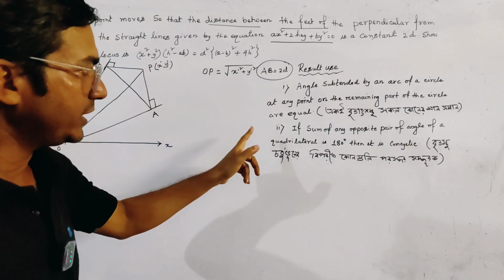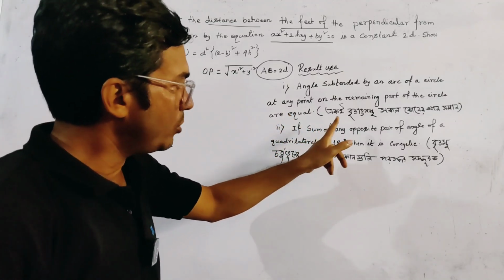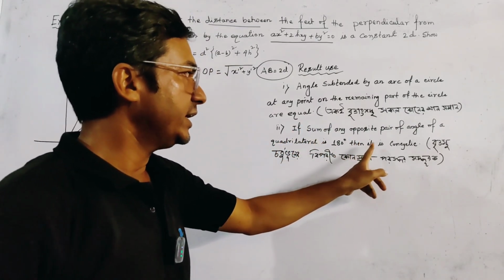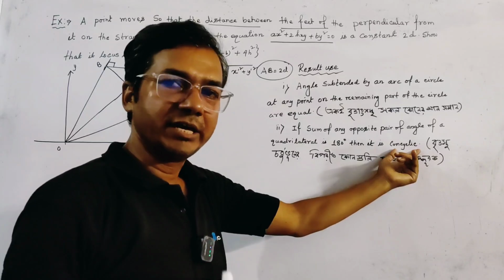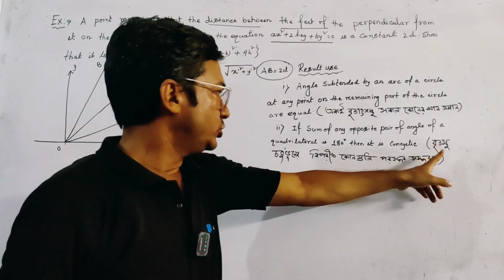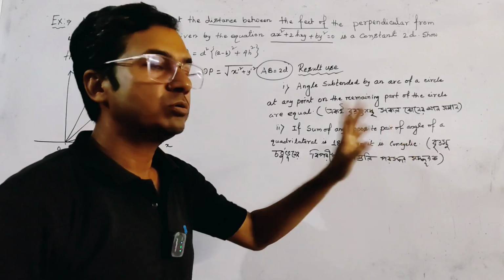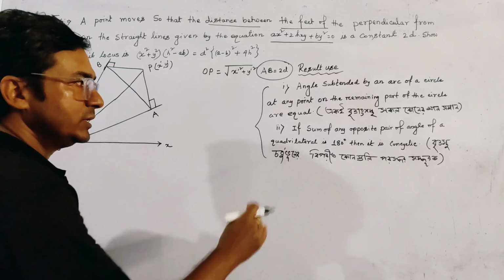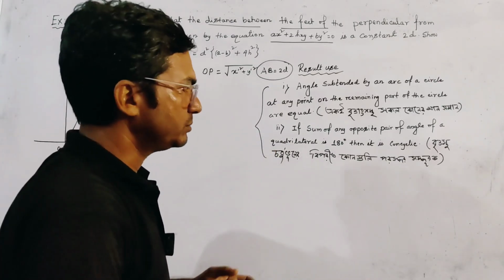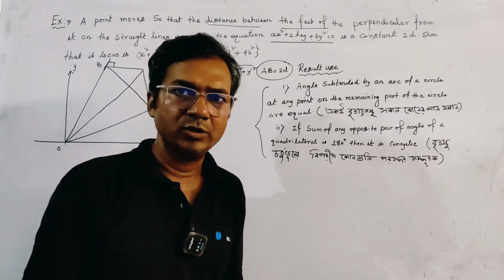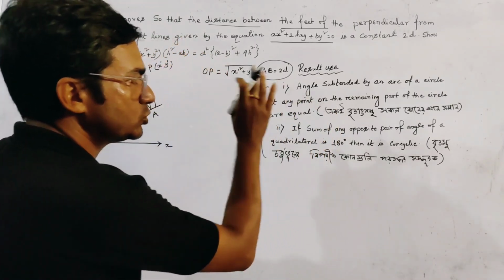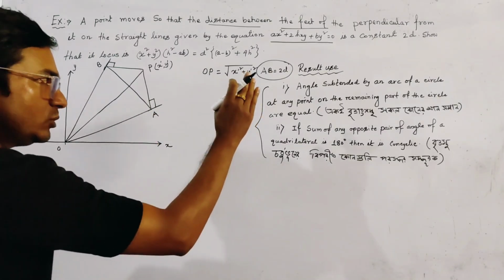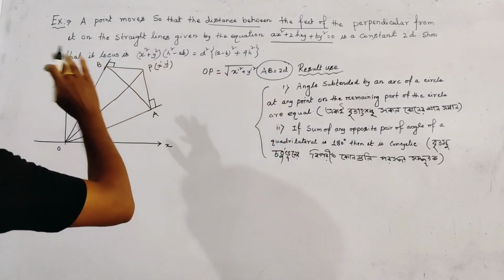And the second property: if the sum of any opposite pair of angles of a quadrilateral is 180 degrees, then it is cyclic. In Bengali, বৃত্তস্থ চতুর্ভুজের বিপরীত কোণগুলি পরস্পর সম্পূরক. These are two very important theorems of class 9 or class 10 standard. We all know these two properties of geometry, and we use them here.